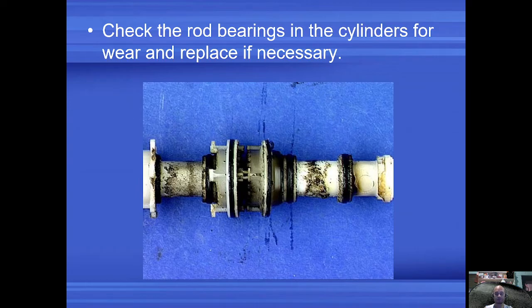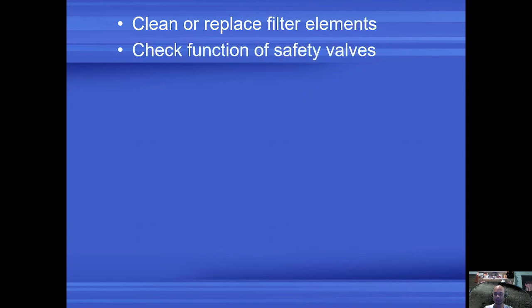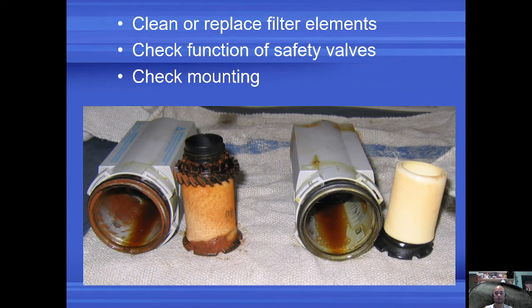Usually bearings can last from one year up to 5 years, but checking is a must to prevent downtime. Clean or replace filter elements; depending on the manual, maybe replace every 6 months. Check the function of safety valves, that it's functioning correctly and the setting is right.